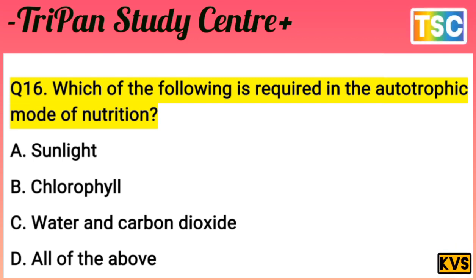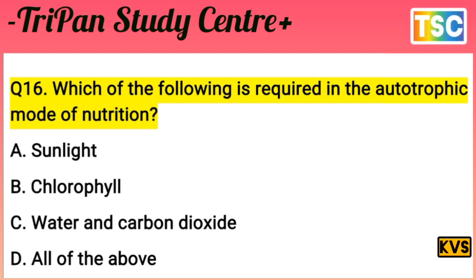The term auto means self, and the term autotroph means a self feeder. Autotroph refers to those organisms which can produce their own food using light, water, carbon dioxide and other chemicals, and they are the producers in a food chain.